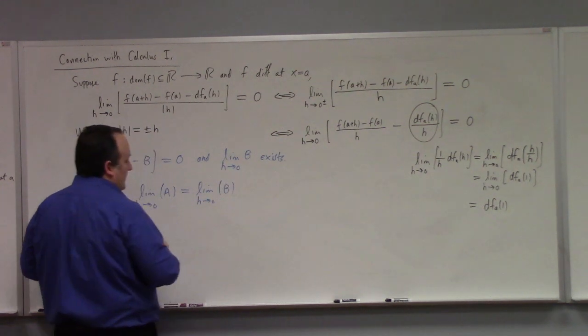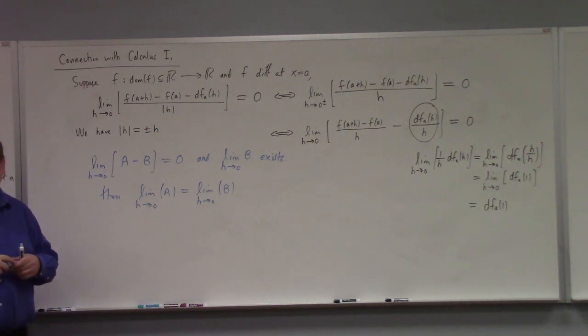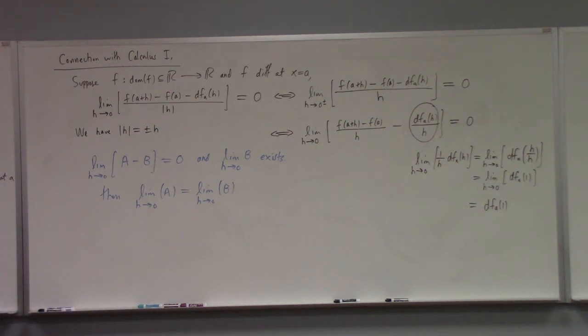This is an elementary theorem of limits. You guys can prove it. You're welcome that I didn't make it a homework problem. You've had enough to prove about limits already. But it is a simple thing to prove.